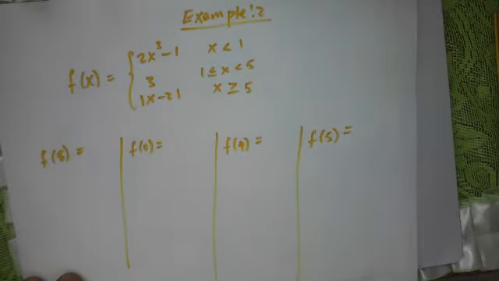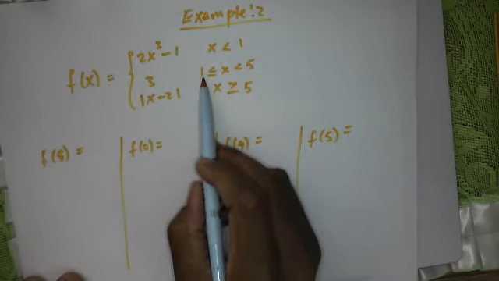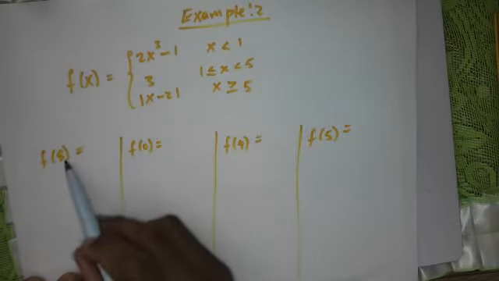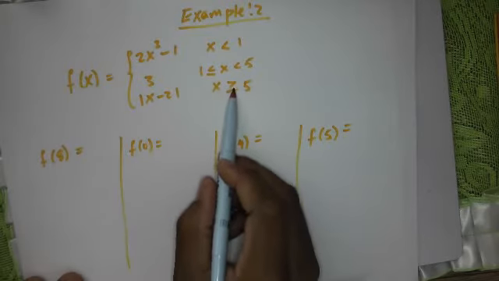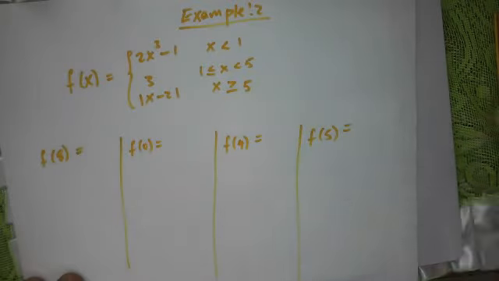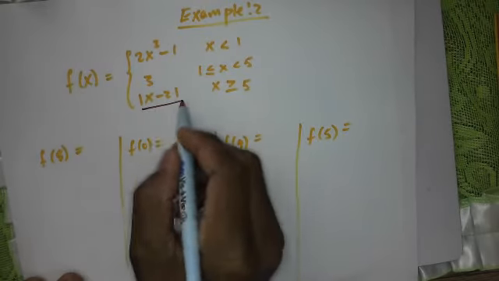That would be 0 and all those negatives. 8 is greater than all of those. This one spans from 1 to 5, but the 5 is not included. 8 is greater than the 5. This one here is saying x is greater than or equal to 5. So it means 5, 6, 7, 8, and it goes on. 8 falls within that category, so we are using this function.